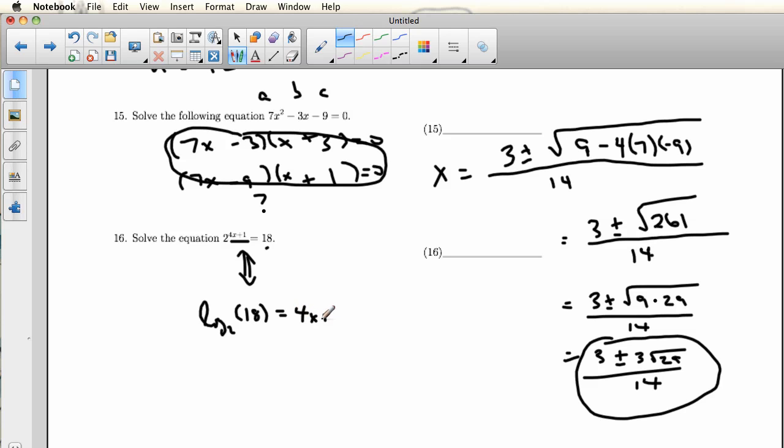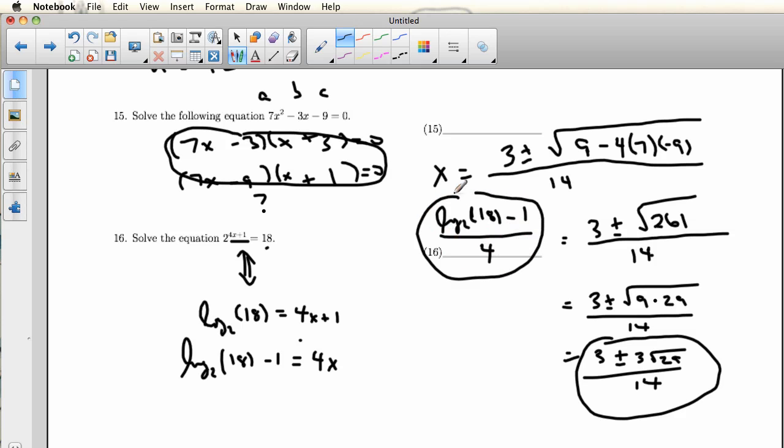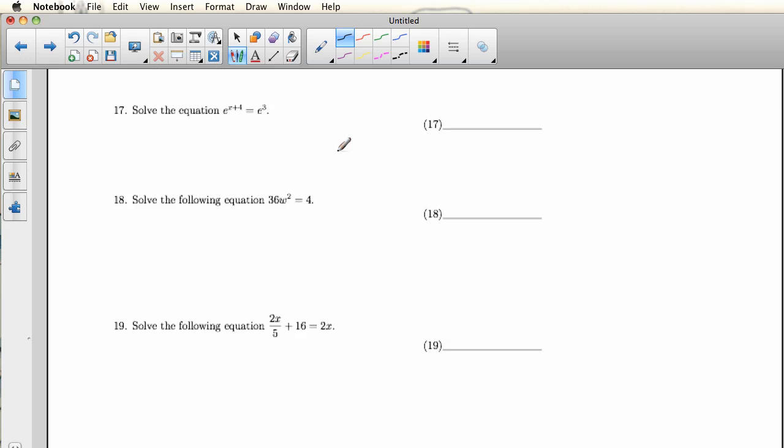So the roles get switched, and so that means that now I can subtract 1 from both sides and then divide both sides by 4, and my final answer will be log base 2 of 18 minus 1, all divided by 4. And I would just leave the answer like that. There's no reason to compute that.